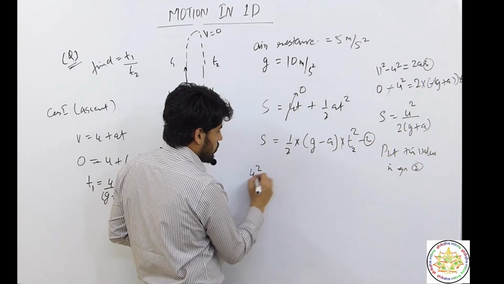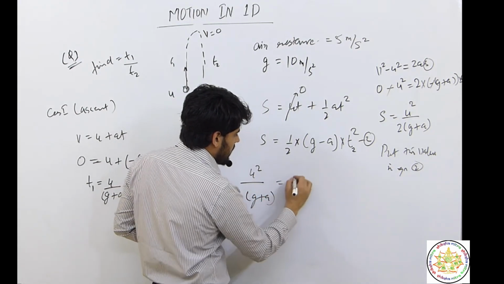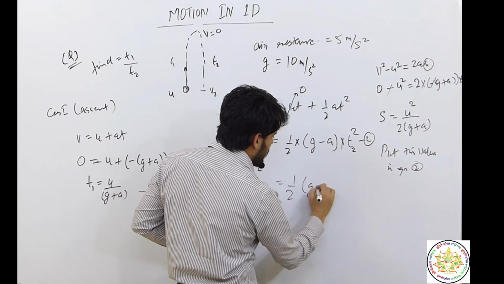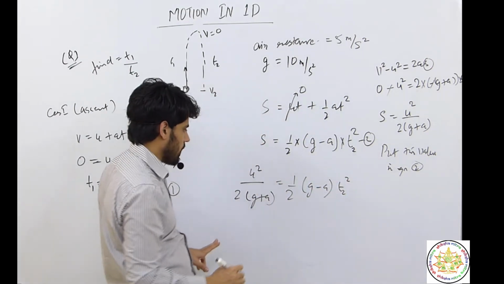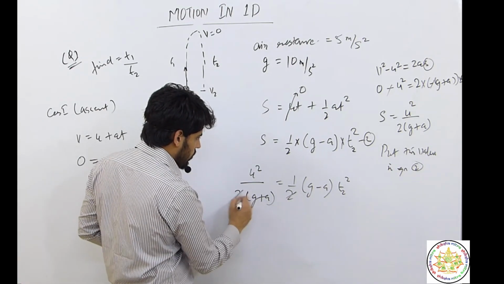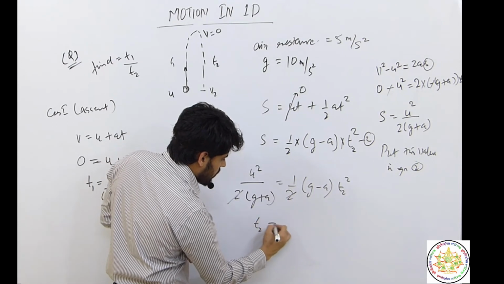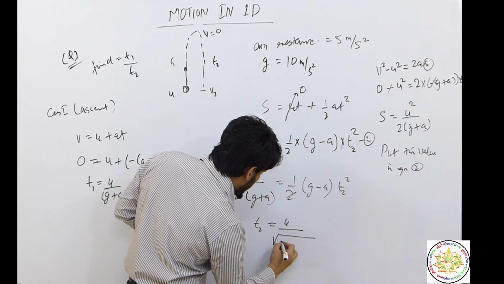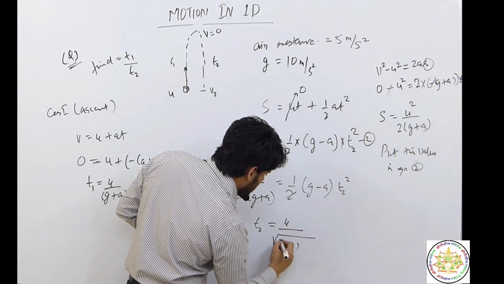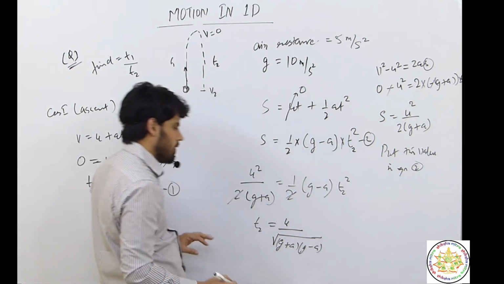So s is u square by 2 into g plus a is equals to half into g minus a into t2 square. Fine. Both 2 got cancelled. From here, taking the under root, t2 is equals to u by under root of g plus a and g minus a.